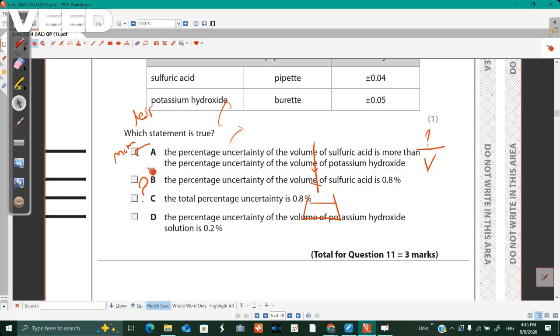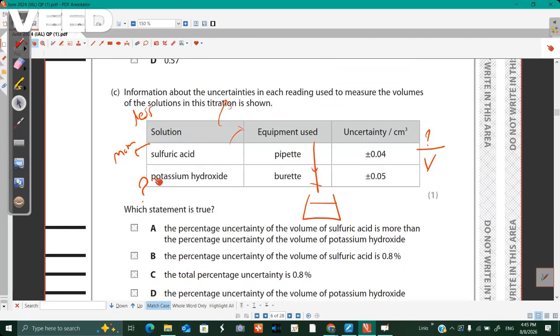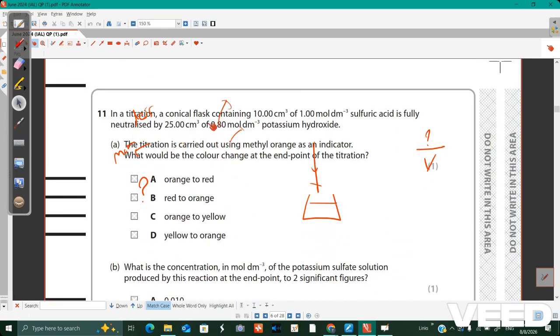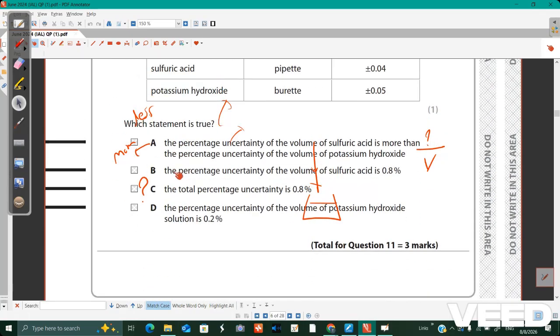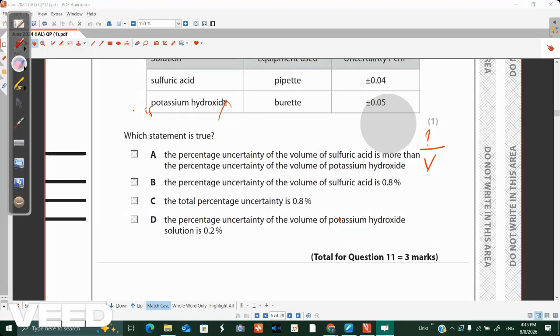So we have to calculate and see. 10 and 25. Looking at it, it feels like potassium hydroxide is having a low percentage uncertainty, but you have to calculate and see, right?